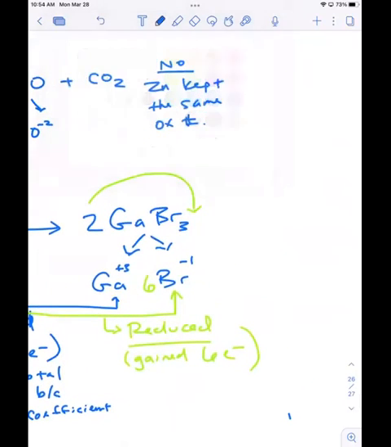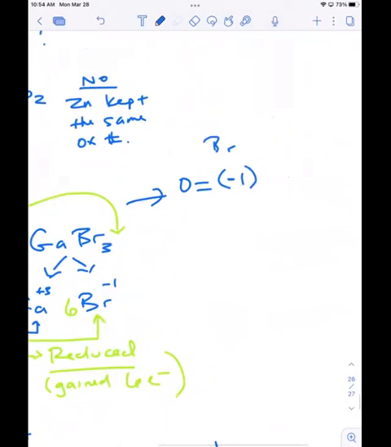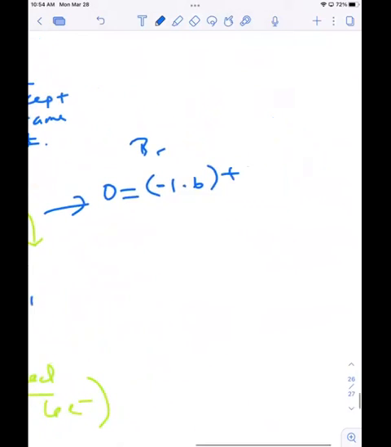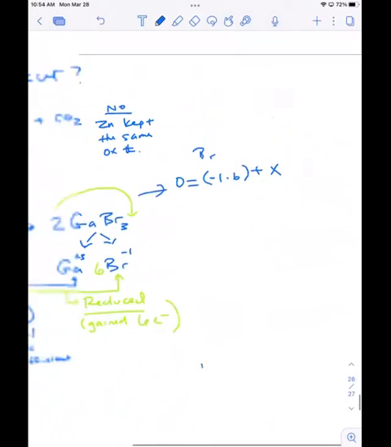If I know that the total charge is 0, and I know that Br has an oxidation number of -1 because it's a halogen, and there are 3 of them. Actually, there's 6 of them, because that coefficient means that there's 6. And then this is going to be plus X. Is that right?